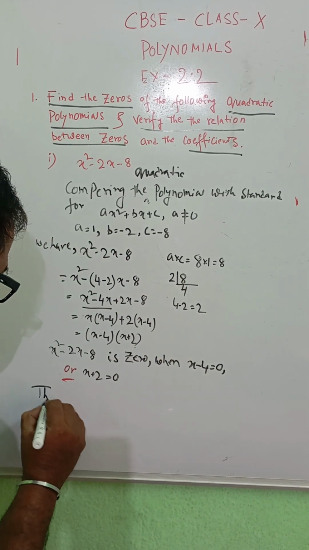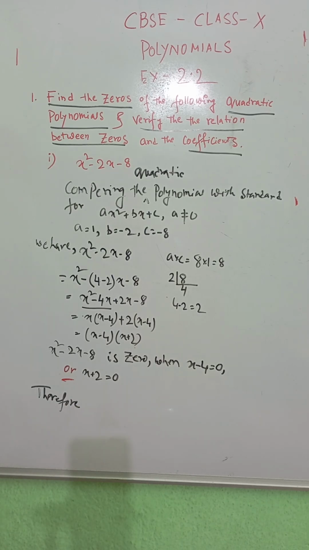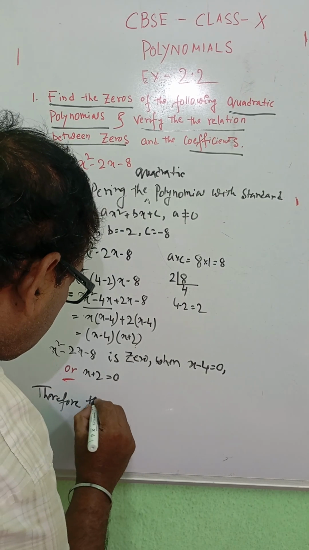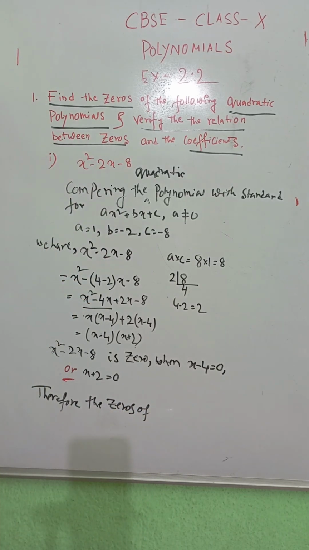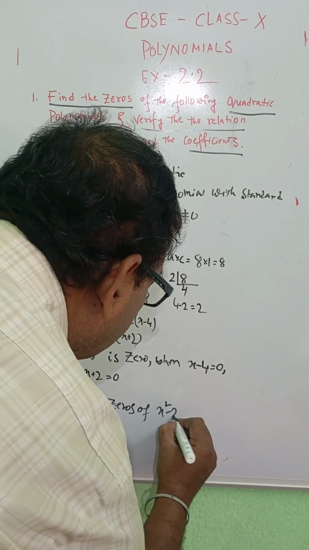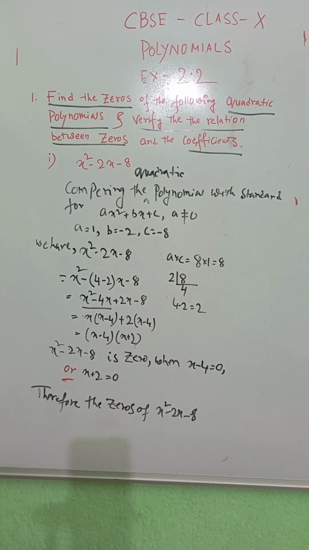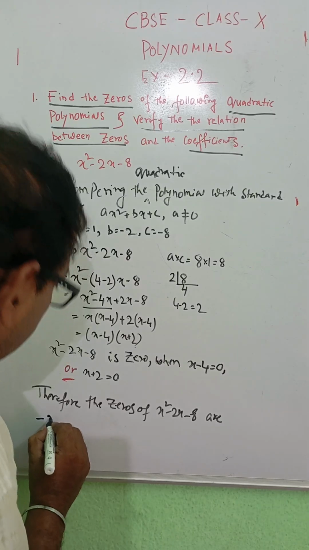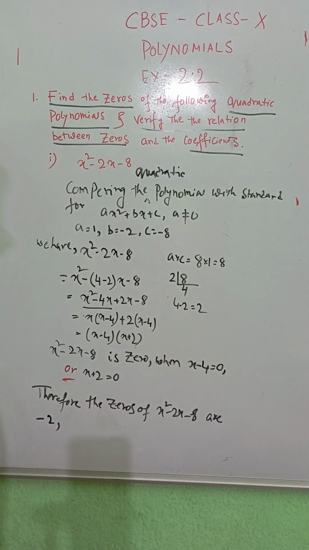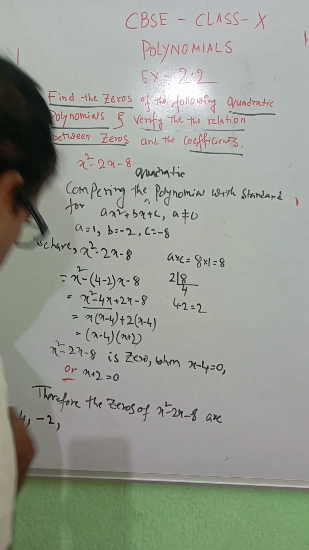Therefore, the zeros of x squared minus 2x minus 8 are minus 2 and 4.